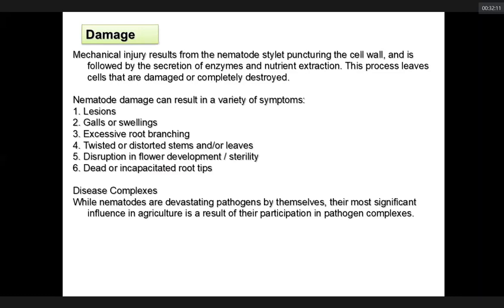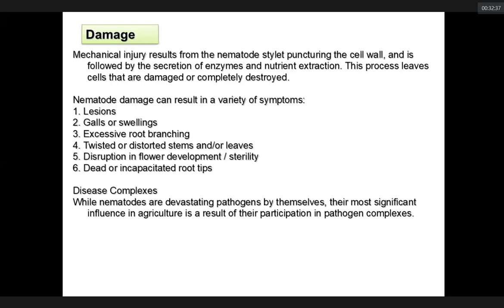Okay, so after that, the nematode also secretes some liquid by the mouth part. Like saliva, you understand? So the nematode will secrete some saliva from the salivary gland.